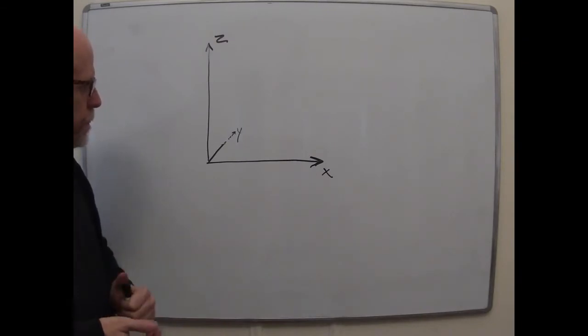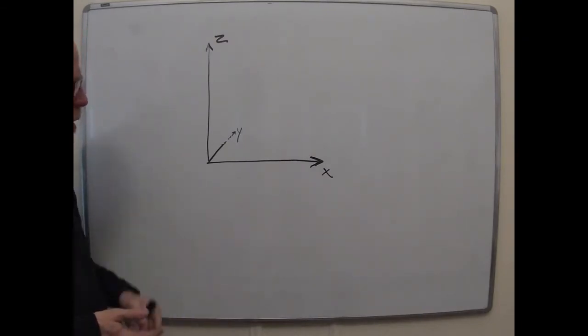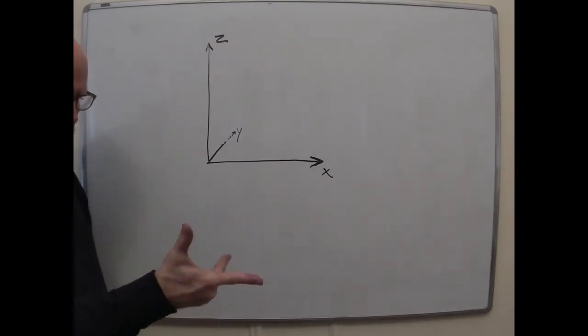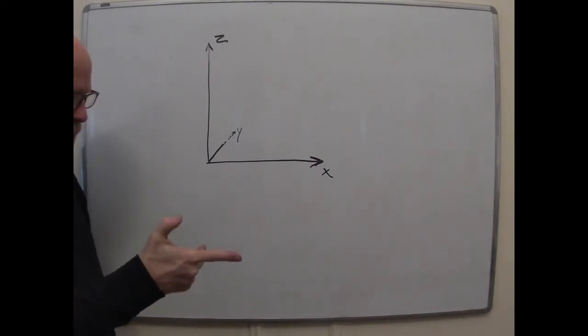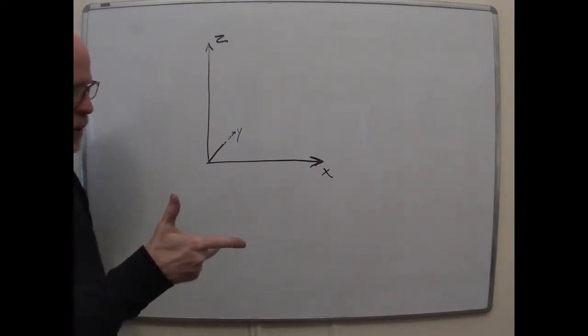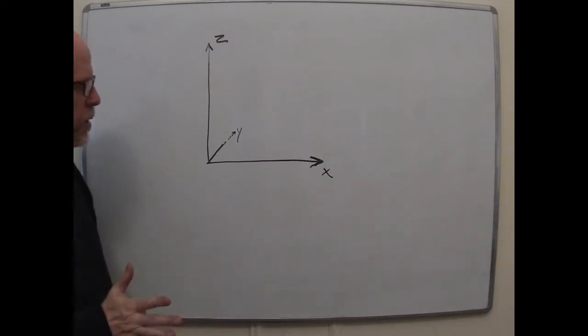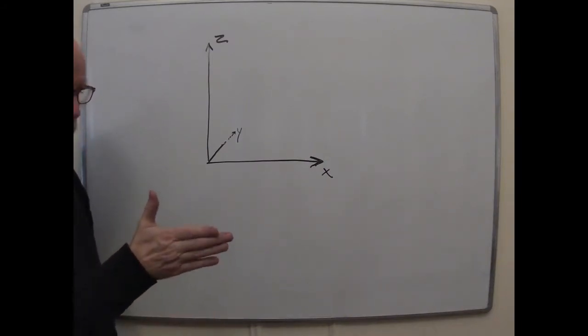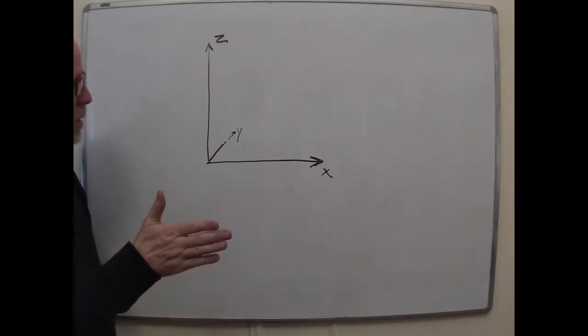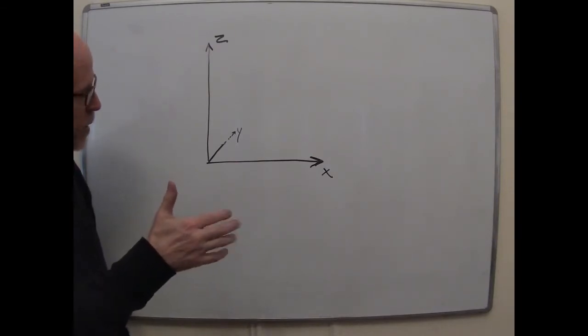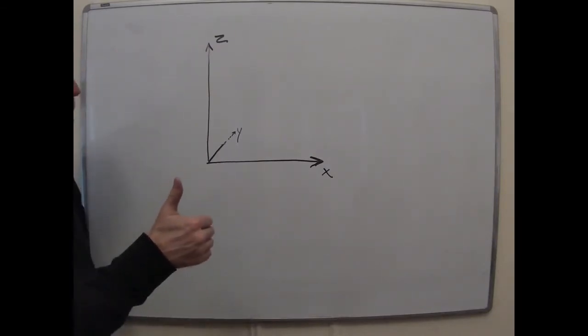There's multiple ways of thinking about this. I use the holding your fingers like this, with Z as your thumb and X as your forefinger, middle finger is Y. Some people talk about point your fingers of your right hand along the X-axis, curl them so that they curl towards the Y-axis, and if you do that, your thumb better be pointing up.